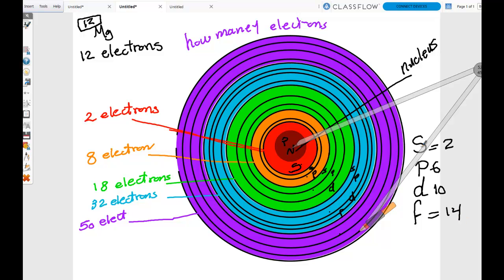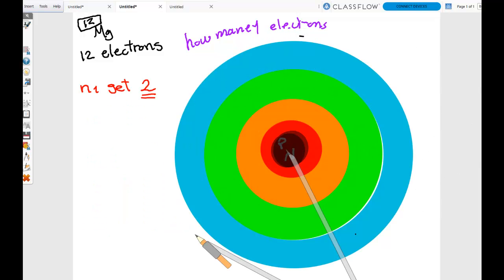Any subshell S takes 2. Any subshell P takes 6. Any subshell D takes 10. Any subshell F takes 14. What does that mean? Shell number 1 usually gets 2.